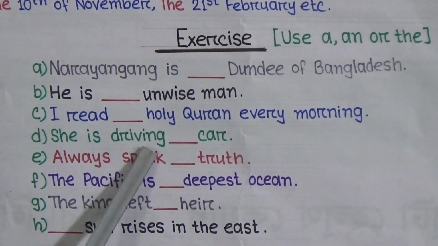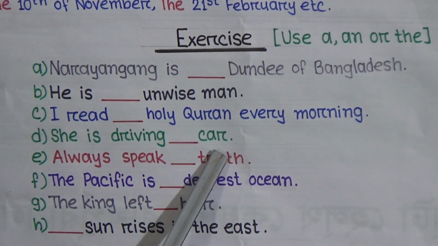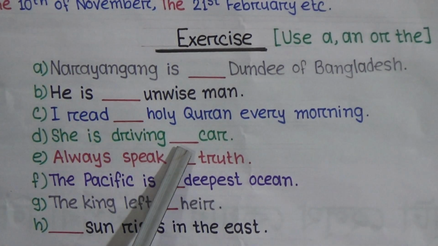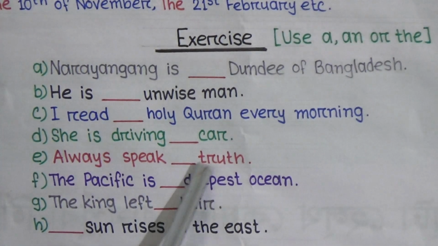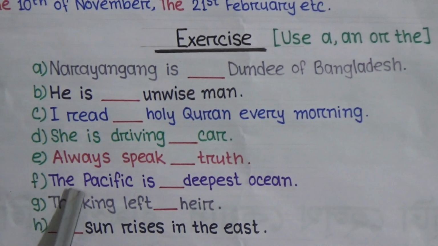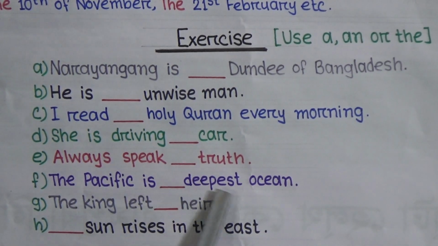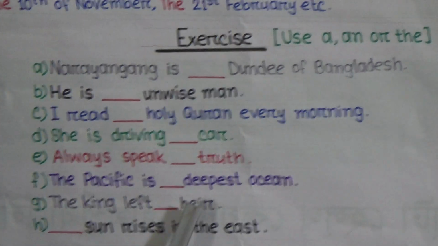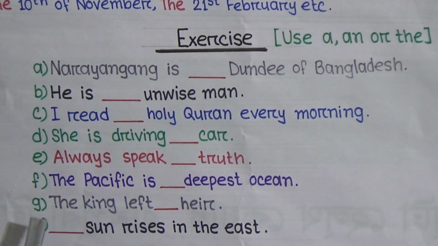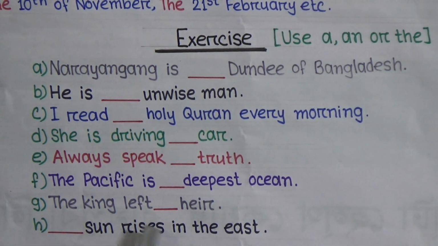Number D, she is driving dash car. I hope you also able to write this answer. Number E, always speak dash truth. Number F, the Pacific is dash deepest ocean. Number G, the king left dash heir. Number H, dash sun rises in the east. The sun is only one, there is no alternative.